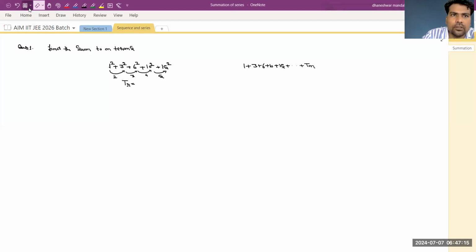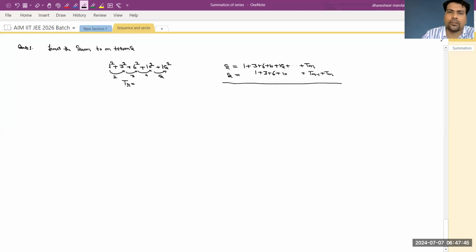Let's suppose the sum of this series is S. I can take one more series, the same series, and put the first number below the second number, and the second number below the third number, and so on. So in such a way, here we have T of n minus 1, and then T of n. If I subtract these two equations, because the sum is the same, then S minus S is equal to 0.